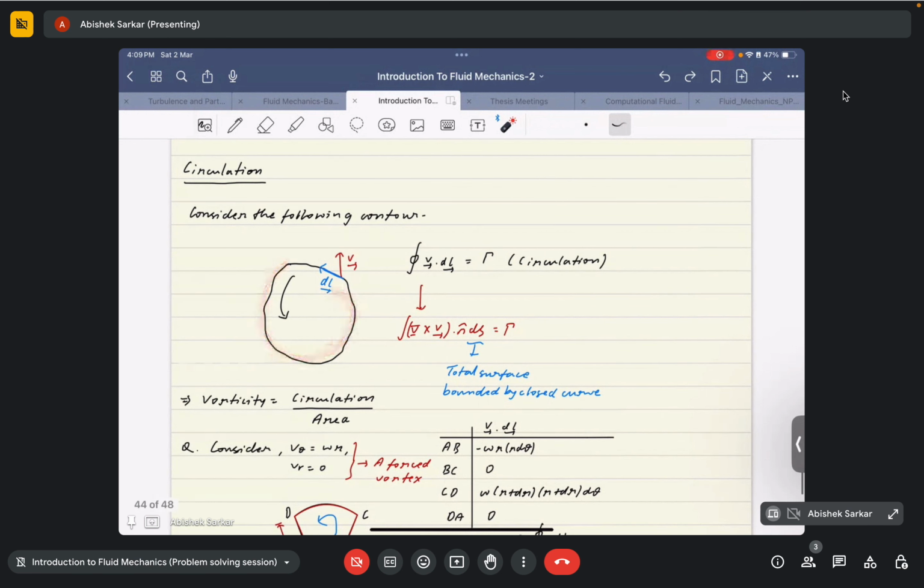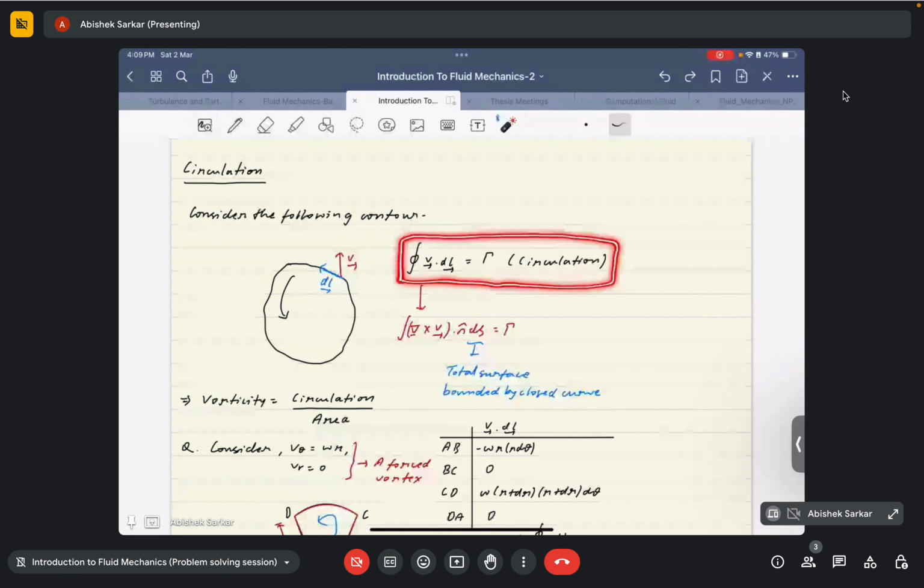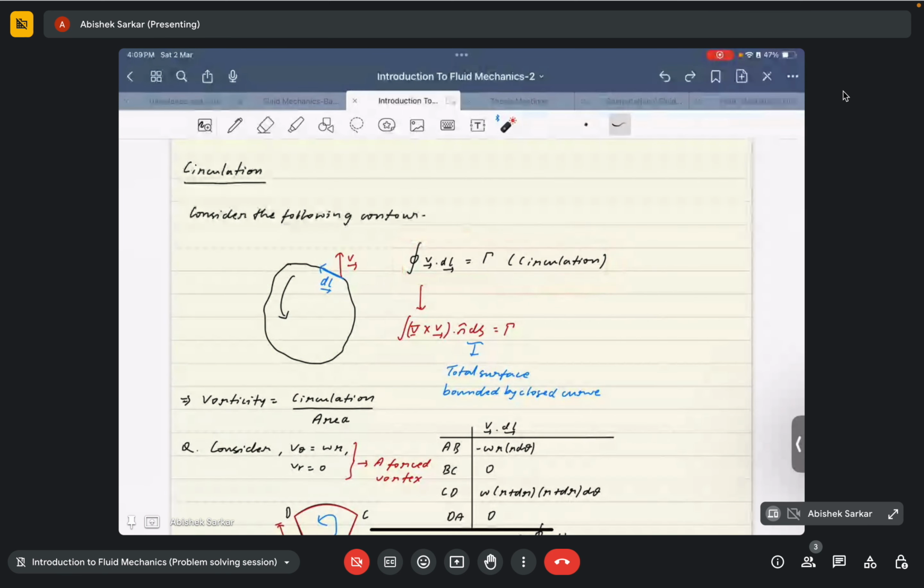So this is what circulation is defined as. The closed line integral of V dot dl in a particular flow domain is known as the circulation of the flow field.